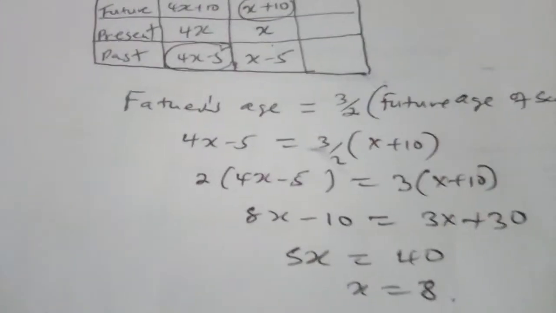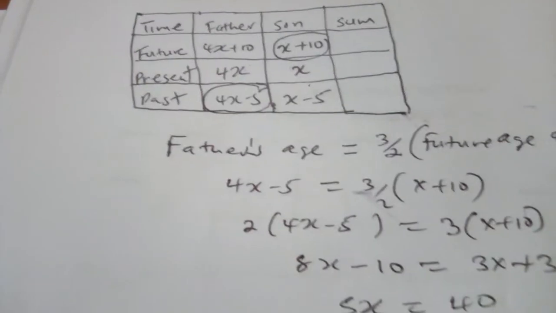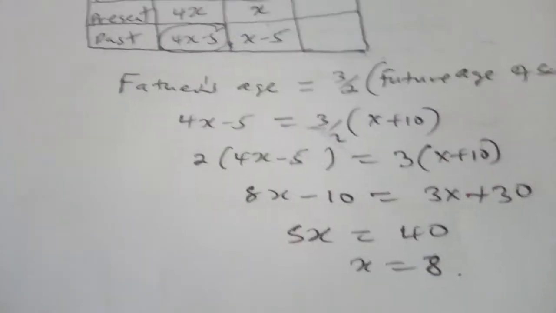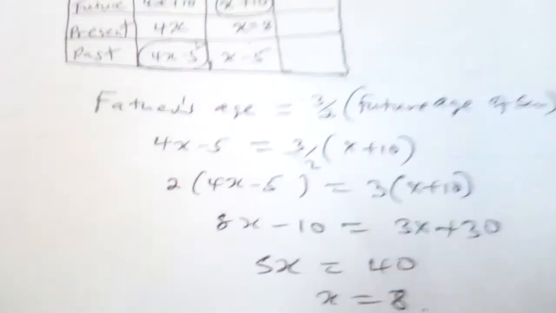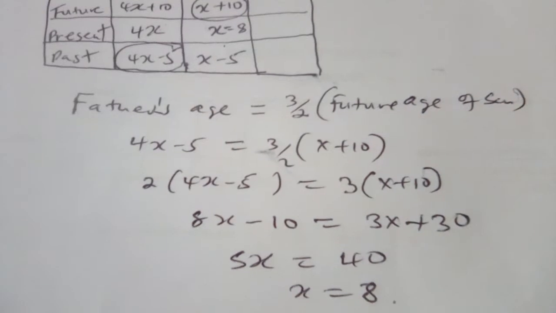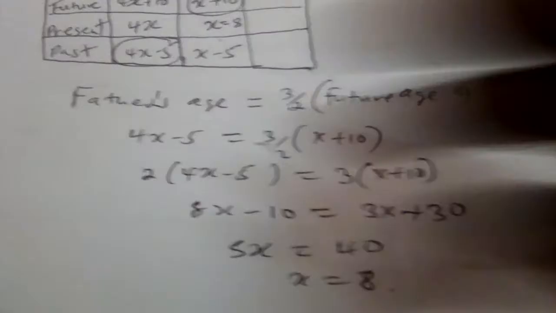So if you go back to the table, x represents the son's present age, so it means the age of the son here is 8. All right, allow me to jot and put 8 there. So what is the father's age in the present? It is 4 times 8, you get 32.